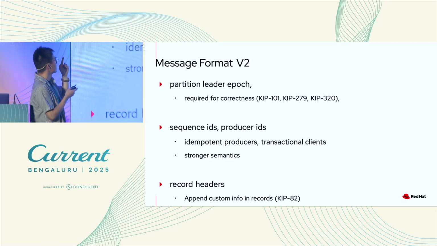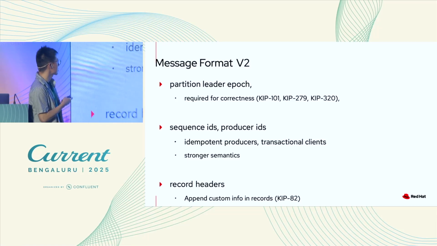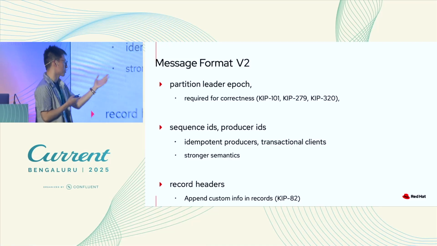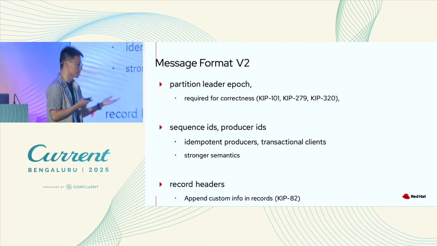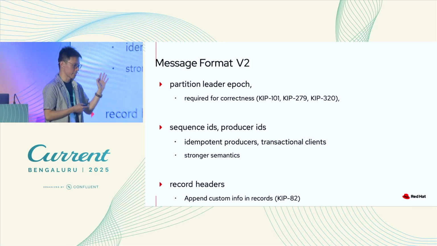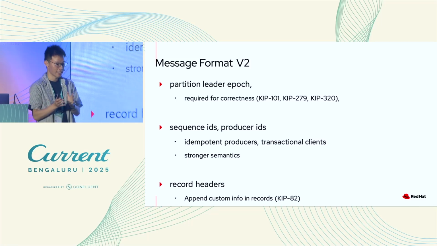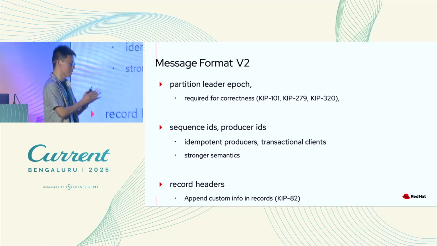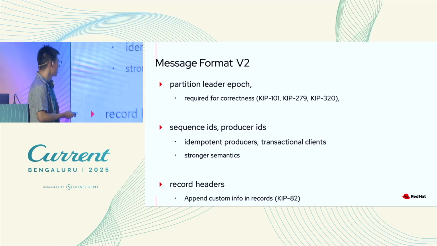So this is a very important improvement. And then sequence ID and producer ID, that's for the idempotent and transactional producers. It's really important too. And finally, record headers. So that's why we think message format 2 is really up to date until now, and version 0 and 1 are really out of date.